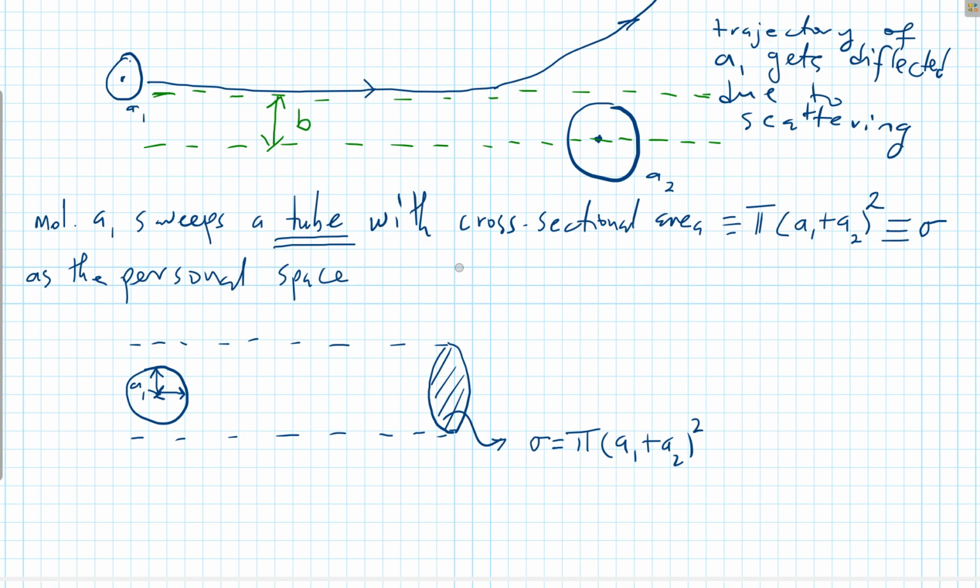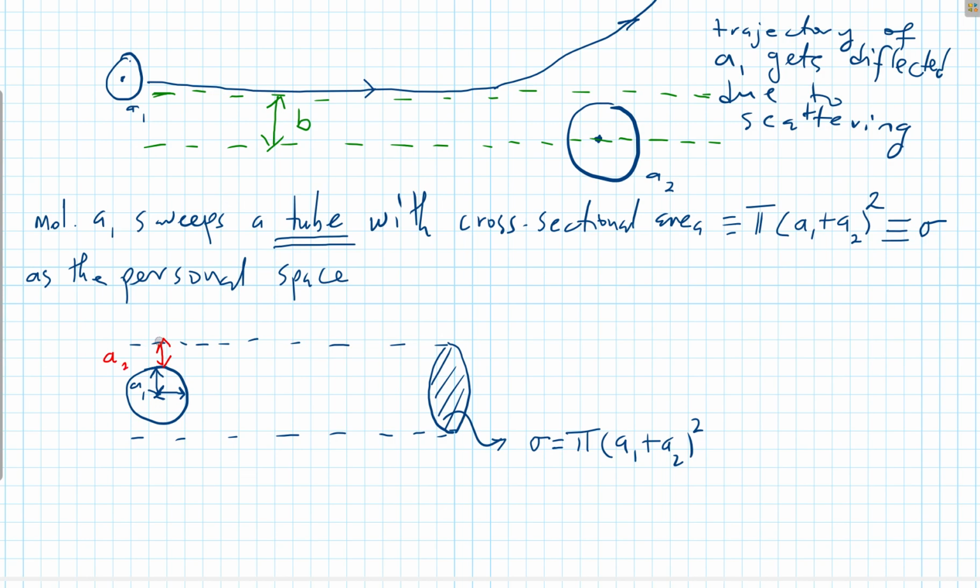A2 is, let's say, the radius of a second molecule. The molecules could be of the same type, or they could be different. We make it general, so let's consider that there is another molecule with radius A2.